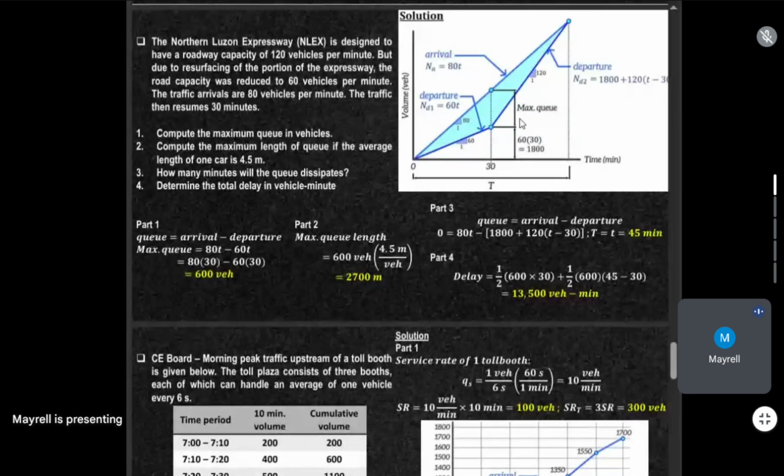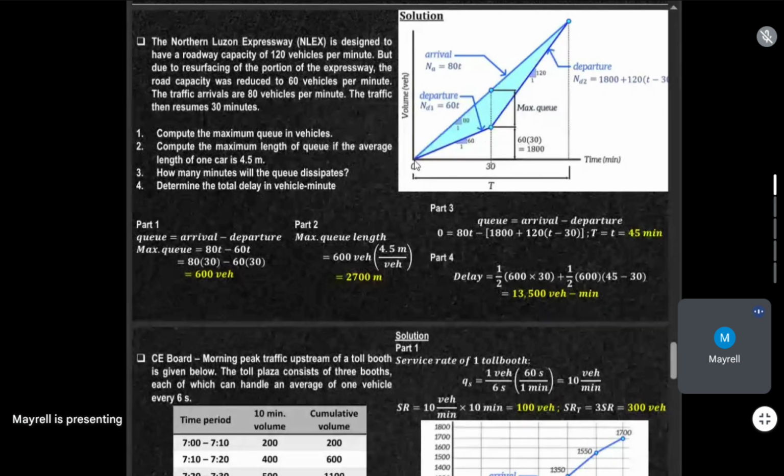So we graph it. You have the arrival rate of 80 vehicles per minute, so that's 80 vehicles per minute, constant on the graph. Then here, this is the departure rate, or the service rate.